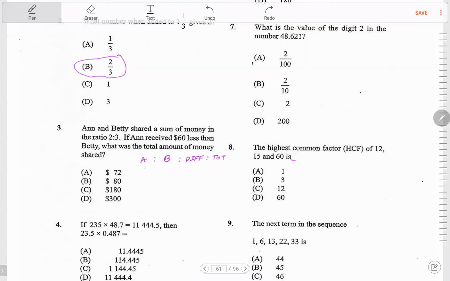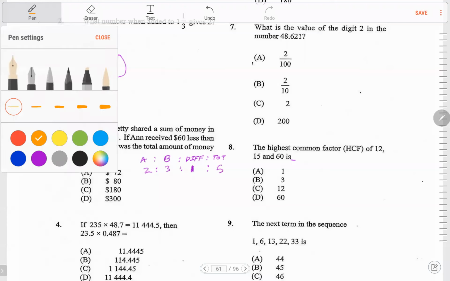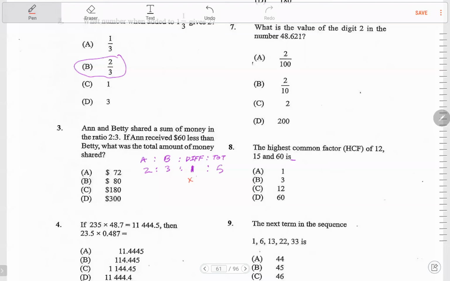So Anne is 2, Betty gets 3 parts. The difference between what they get is 1, and the total is 5. And you want the difference to be 60. So all you have to do is multiply the ratio by 60, because you want the difference to be 60.